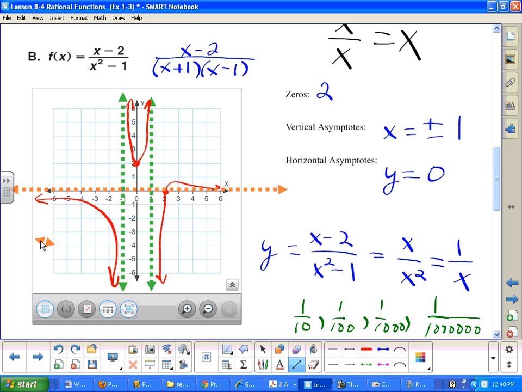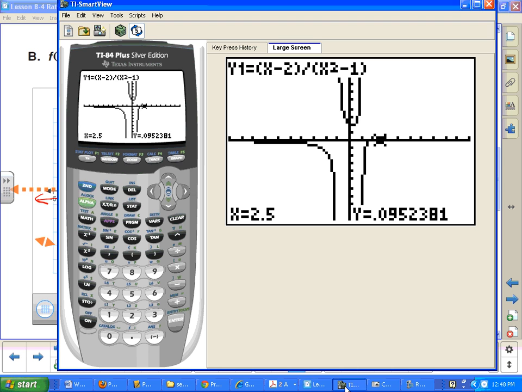So in reality, my graph accentuates that a little bit just so I can see it. But the truth is that it's really, really close to the x-axis, but it doesn't touch it. But the thing is it goes from negative values at 1.5 to, as I trace along that, at 2 it's 0, but once I get past 2, then these numbers are positive.